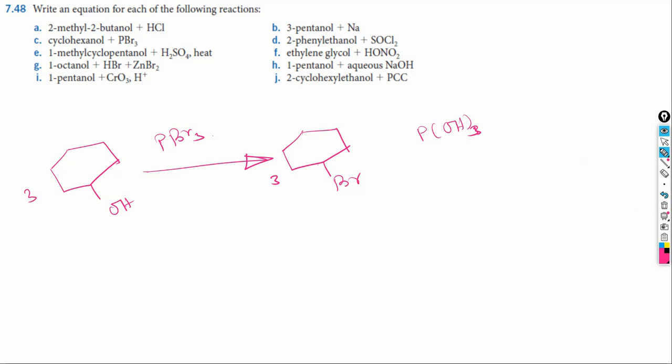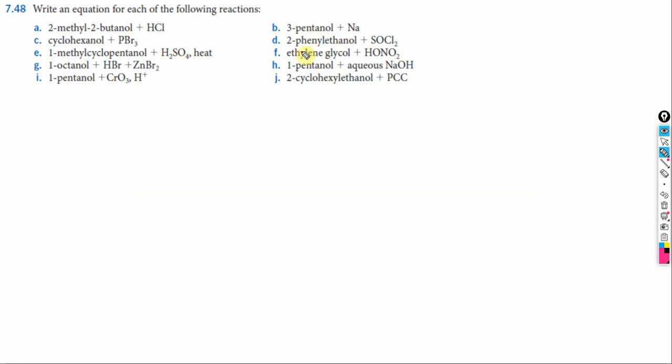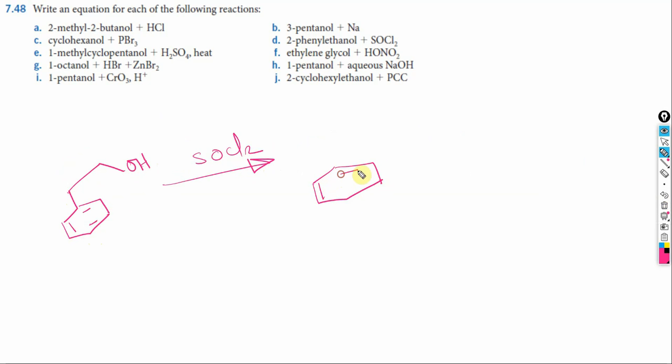Okay, and here we have phenyl ethanol, so that's ethanol, and we have 2-phenylethanol, which means the second carbon is going to have the phenyl ring, and when that reacts with thionyl chloride, SOCl2, you are going to convert that to the corresponding alkyl chloride, so it's going to become that.